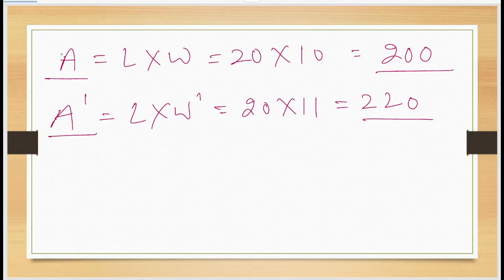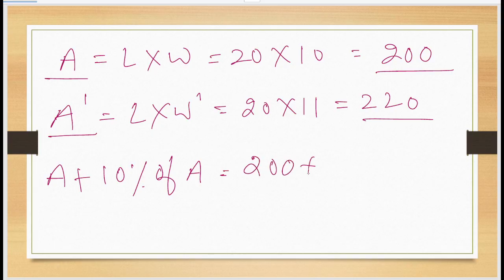Now see the relation. It says an increase of 10%, right? So what you have to do is A plus 10% of A, that is 200 plus 10% of 200, which is 20.